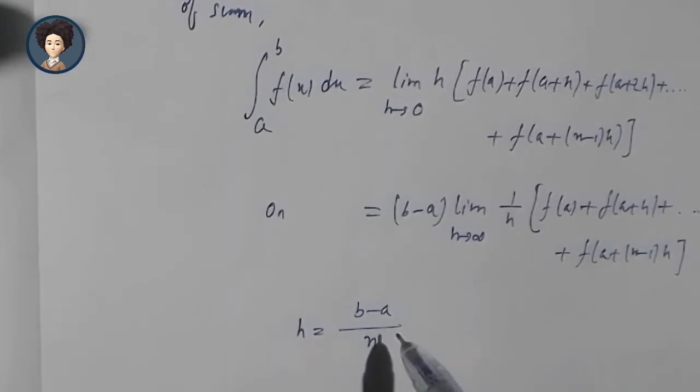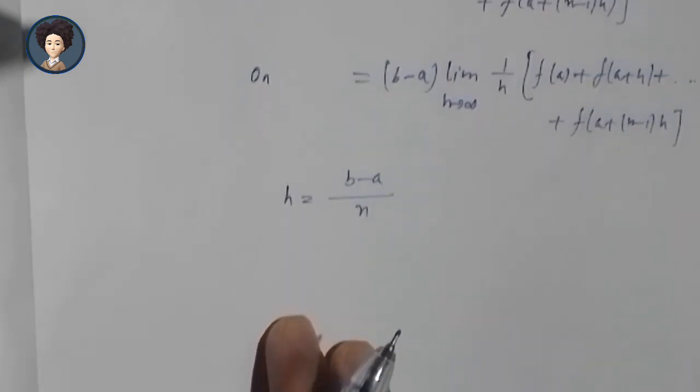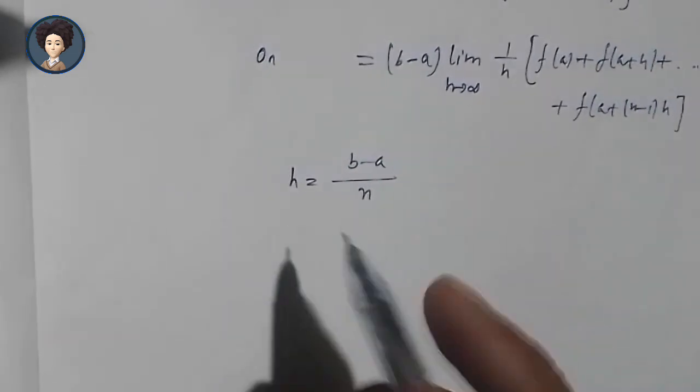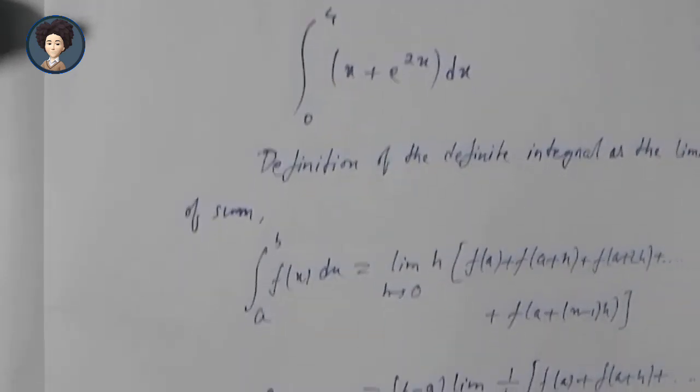So here a means the lower limit and b means the upper limit, as we know. Now let's solve our question with this method.